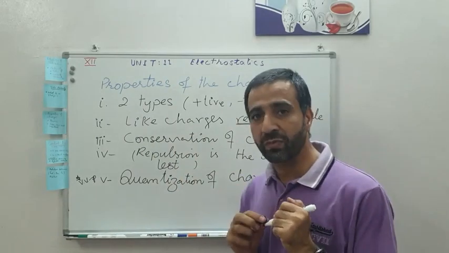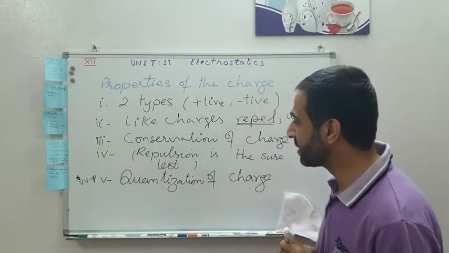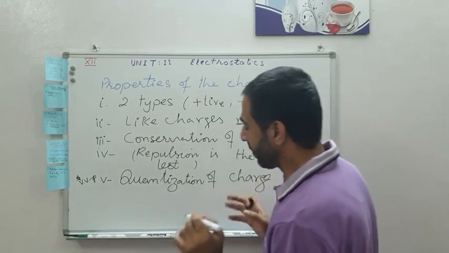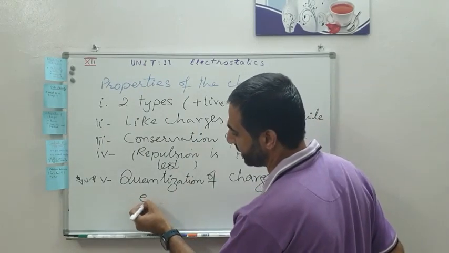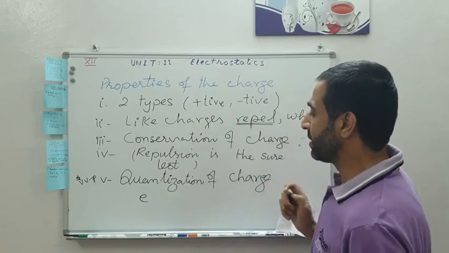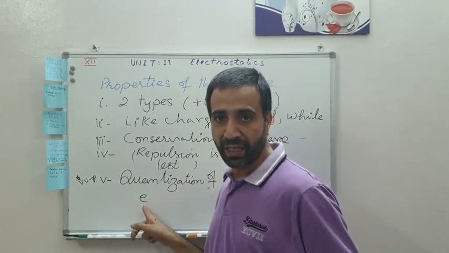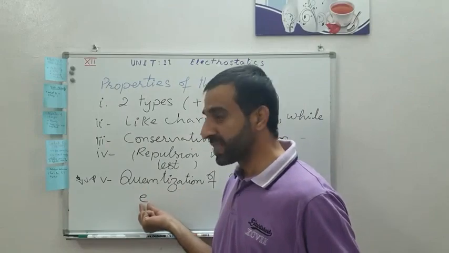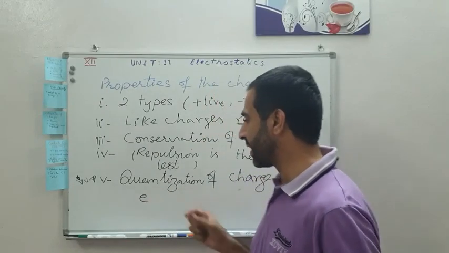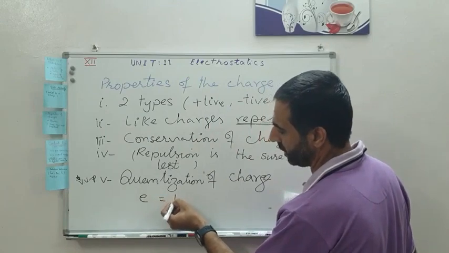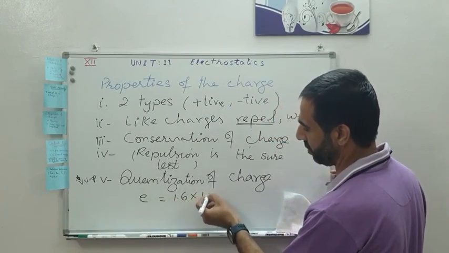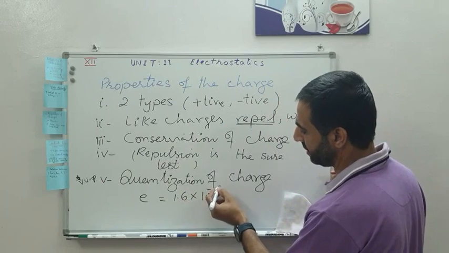Charges are quantized means that charges are multiples of a fixed value. Sometimes we call it the charge on the electron. It is a multiple of this number e. Here e represents the charge on an electron. And you know that the charge on one electron is usually 1.6 × 10^-19 coulomb.